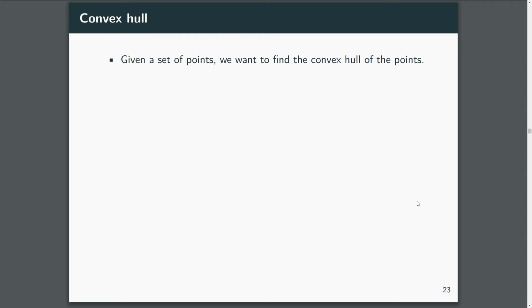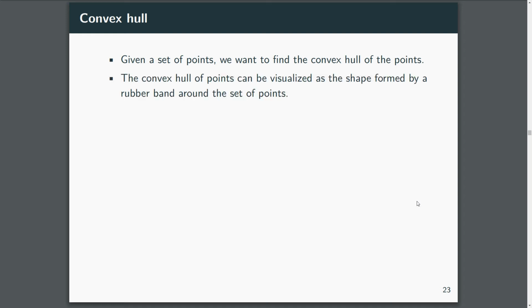A common problem is to find the convex hull of a set of points. The convex hull is something you can visualize as if you have your points, a set of points, you take a rubber band and you put it around the points and then you release it.